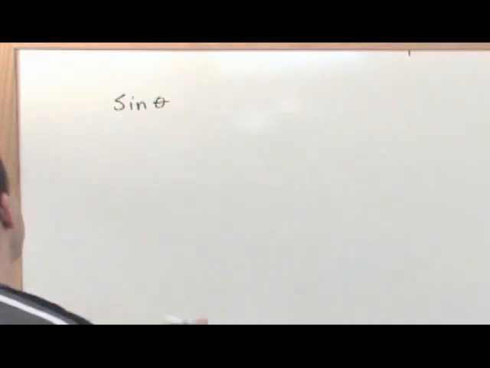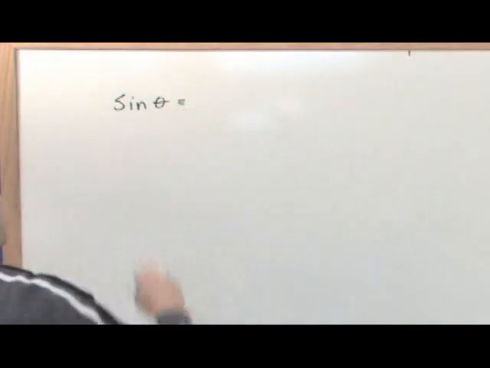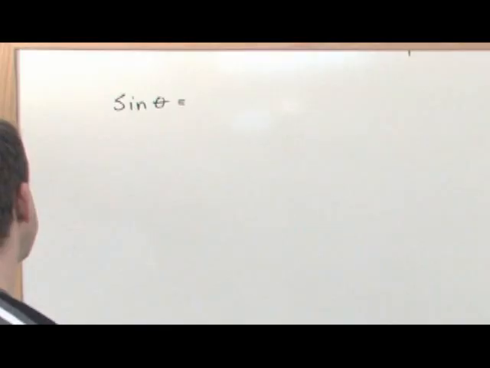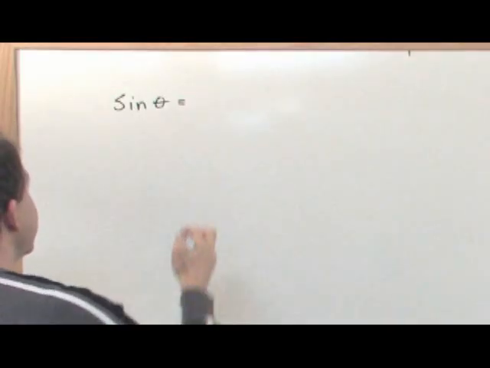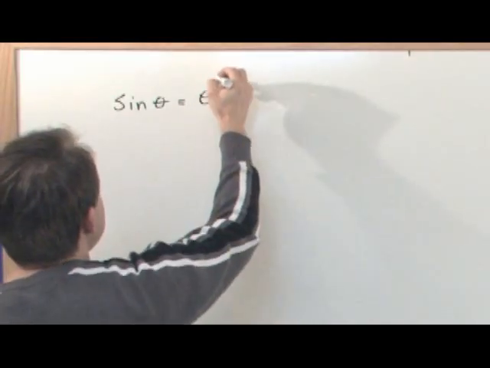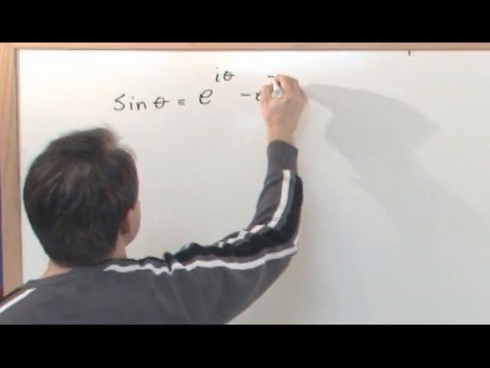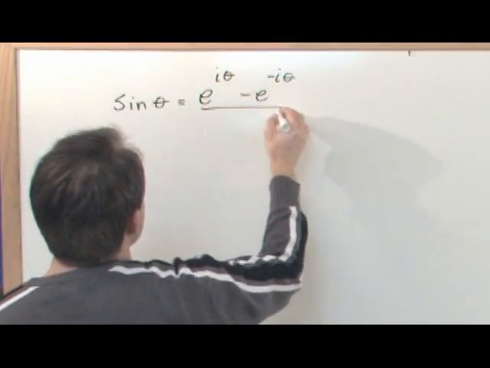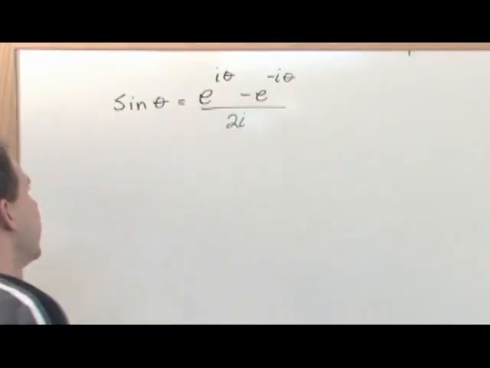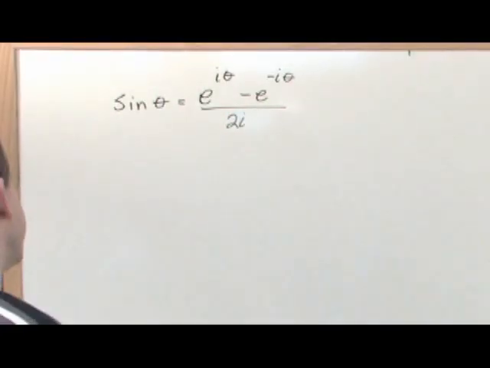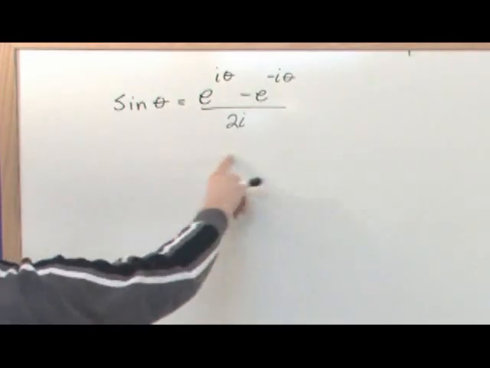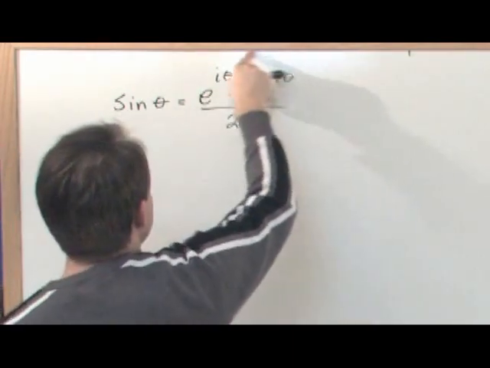But it turns out when you study more advanced math, the sine of an angle is written like this: e to the i theta minus e to the minus i theta, over 2i. This is the true form of the sine function. Ask me what this is visually, and I couldn't tell you.